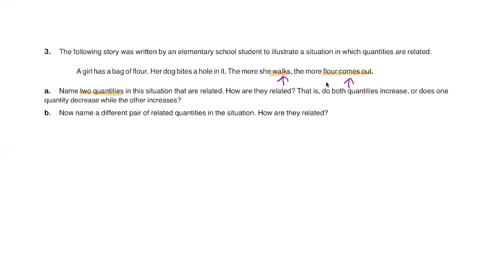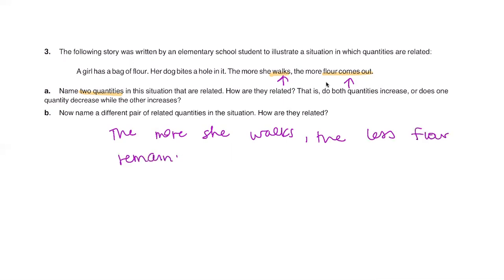Now let's think of another pair of related quantities in this situation. The amount she walks and the amount of flour in her bag. So the more she walks, the less flour remaining in her bag.